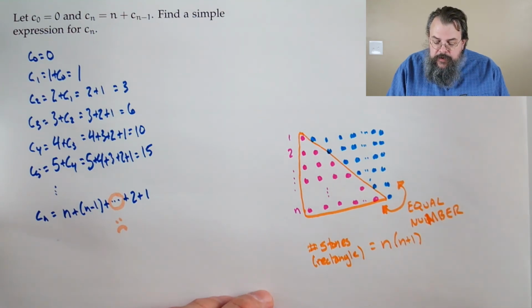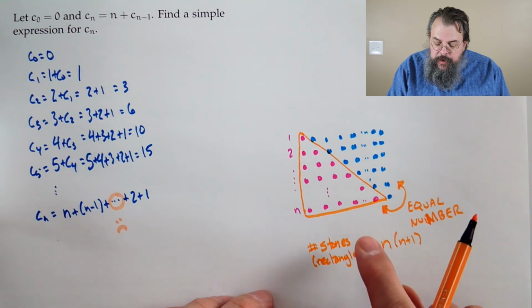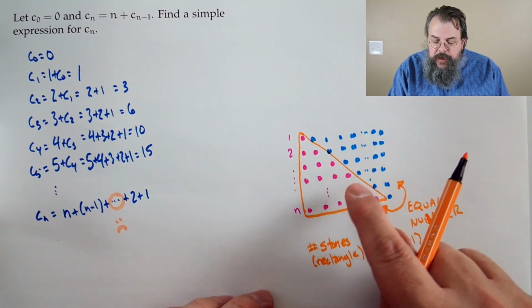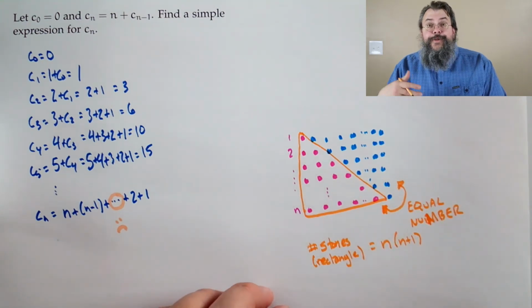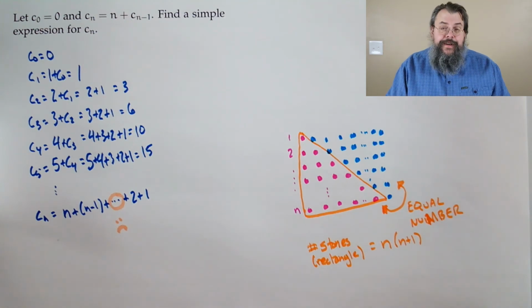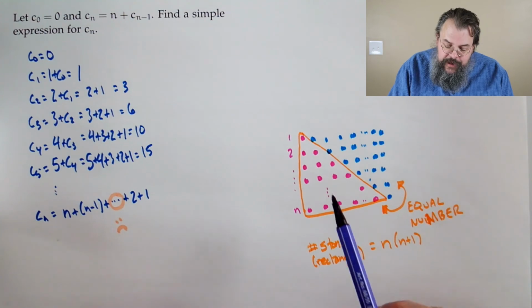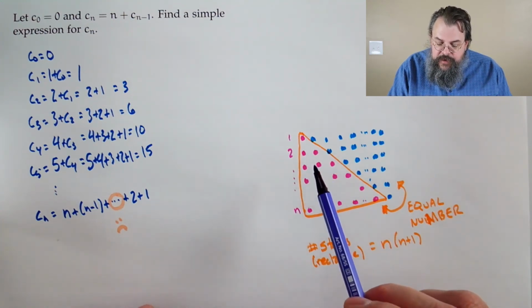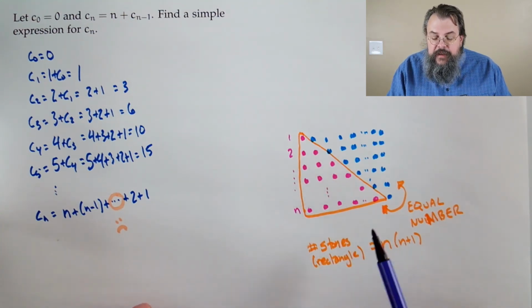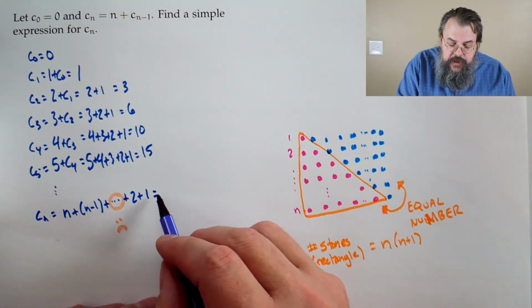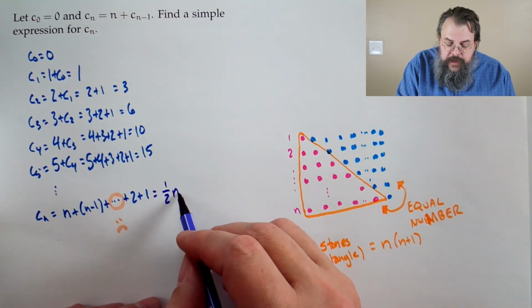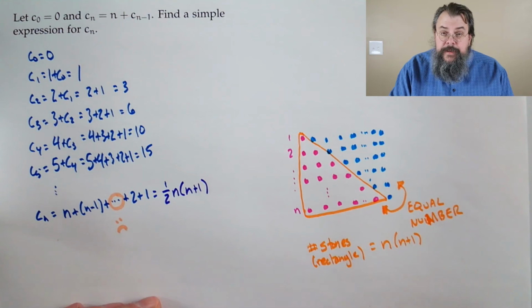And now we say, great. But remember, we don't want the rectangle. We want just the ones in this triangle, which is half of what we want. And so we come to our conclusion that the number of stones here, which is 1 plus 2 plus dot dot dot plus n, is equal to 1/2 n times n plus 1.